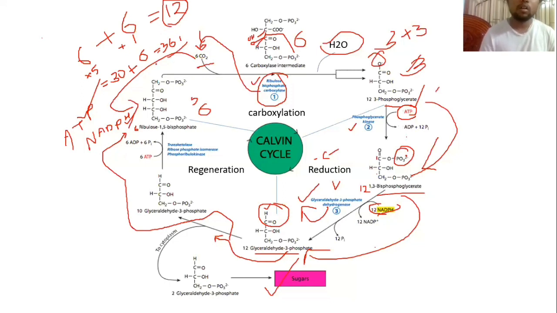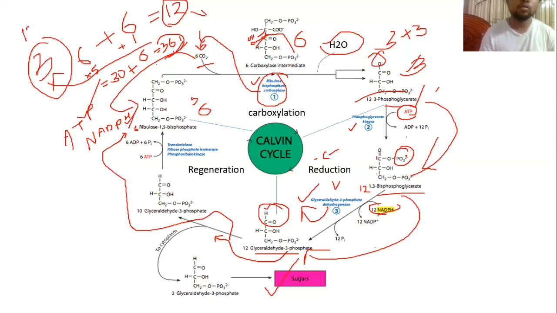Now this glyceraldehyde 3-phosphate will give rise to sugar, as well as help to regenerate our precursor molecule. We'll see how. See, this is our 5-carbon compound.